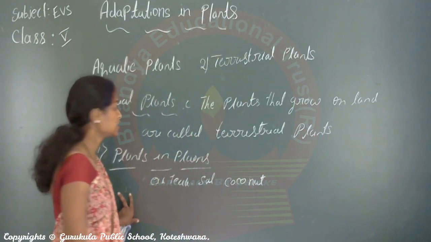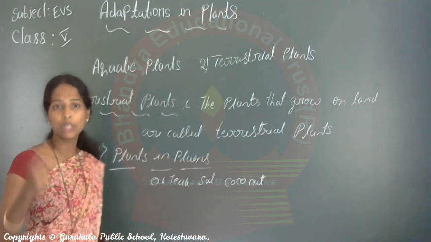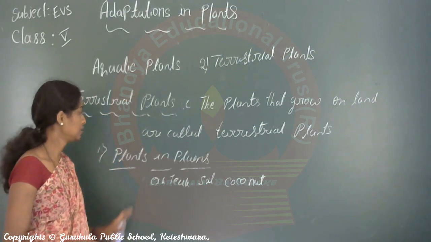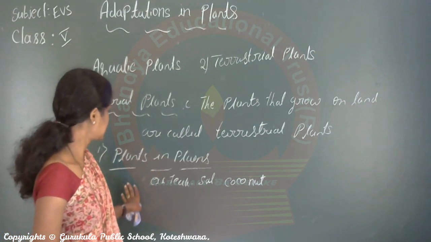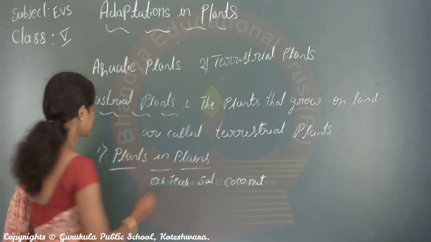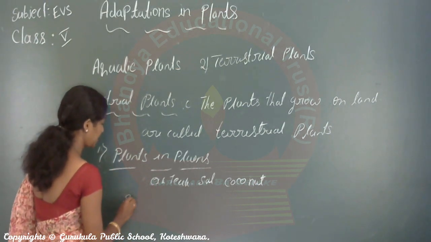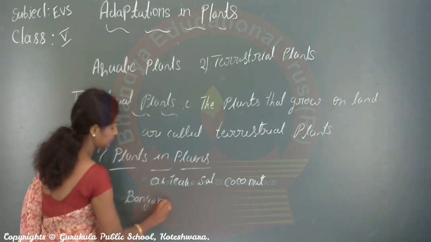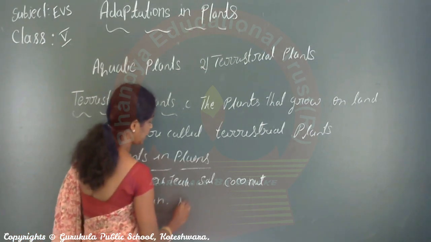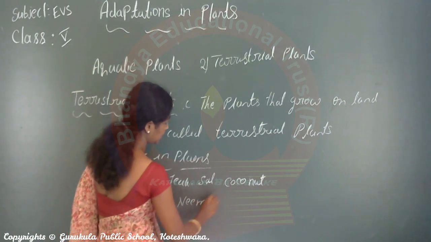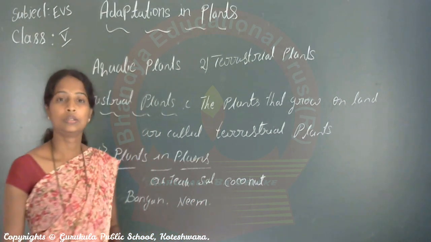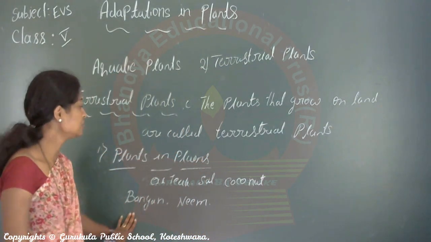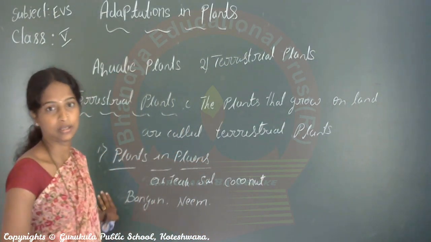See, in plains, we can see two types of plants. Some plants such as banyan and neem shed their leaves in a particular season.